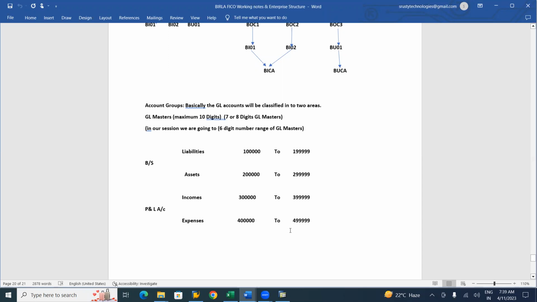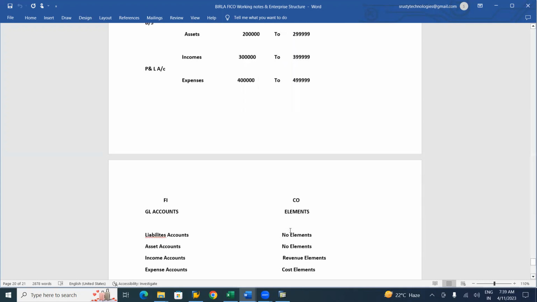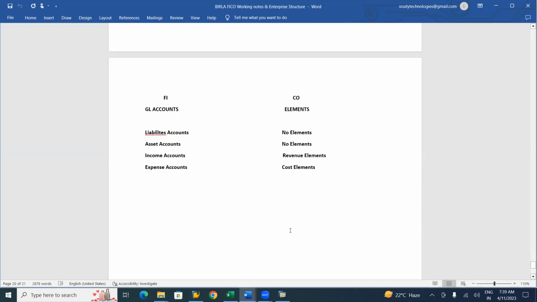Once we have done this, we have created account groups also. Here I explained that in FI we call them GL accounts, and in CO we call them elements. We won't call them GL accounts in the CO part; we are going to call them elements. CO is nothing but controlling, which is cost and management accounting.